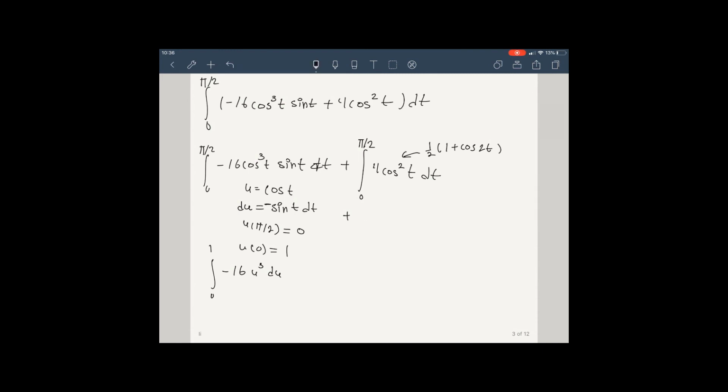And I get that the integral becomes the integral from 0 to pi over 2 of 2 times 1 plus cosine of 2t dt.